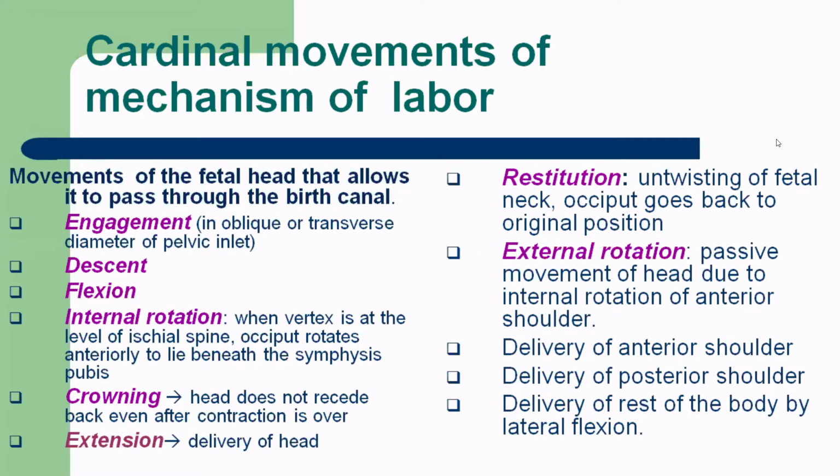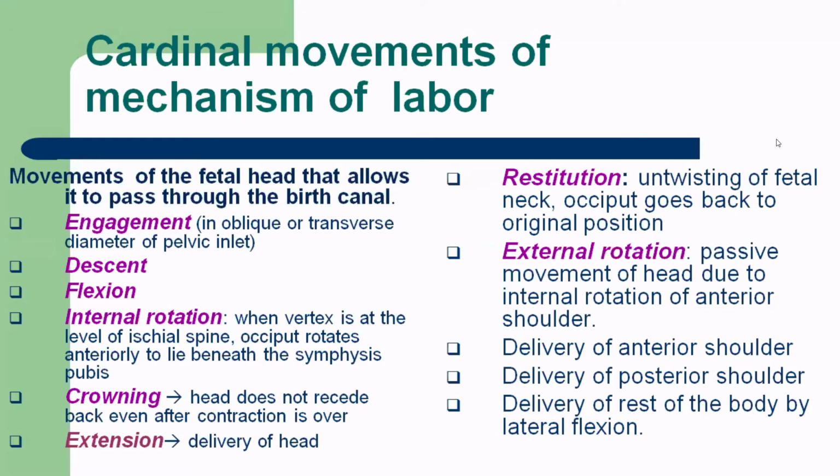That means untwisting of the fetal neck, which occurred during internal rotation, so that the occiput goes back to its original position. After that, external rotation occurs, which is a passive movement of the fetal head due to internal rotation of the anterior shoulder inside the pelvis. After that, delivery of the anterior shoulder occurs, followed by delivery of the posterior shoulder. Then the rest of the body is delivered by lateral flexion.